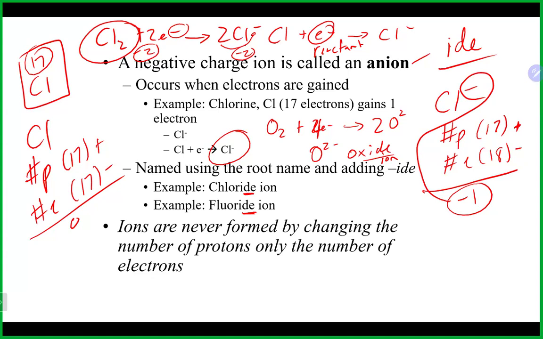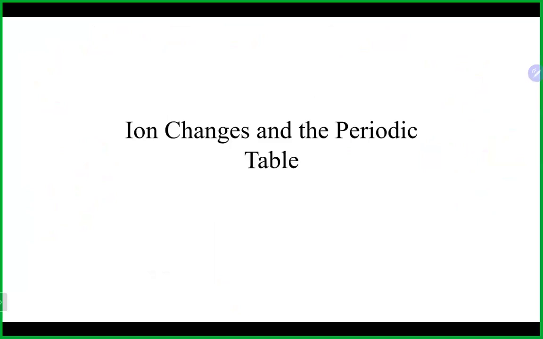What we typically have happening here is metals are typically the ones that will make cations, which are positively charged. Nonmetals are typically the ones that will make anions, which are negatively charged. And by the way, when you put together something that has a positive charge and a negative charge and write the formula for it, it should always equal no charge.